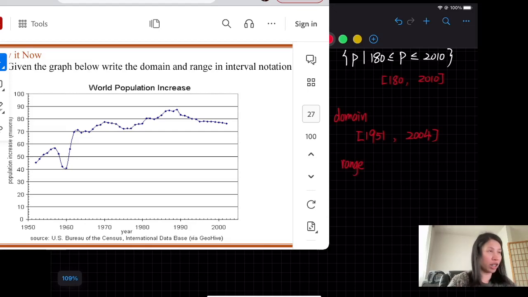The range is the world population increase in millions per each year. So the lowest point I can see is 14. So I can start with 14. And then the highest point is close to 19, but not 19, I would say 18.8. So here is the domain and the range for this graph.